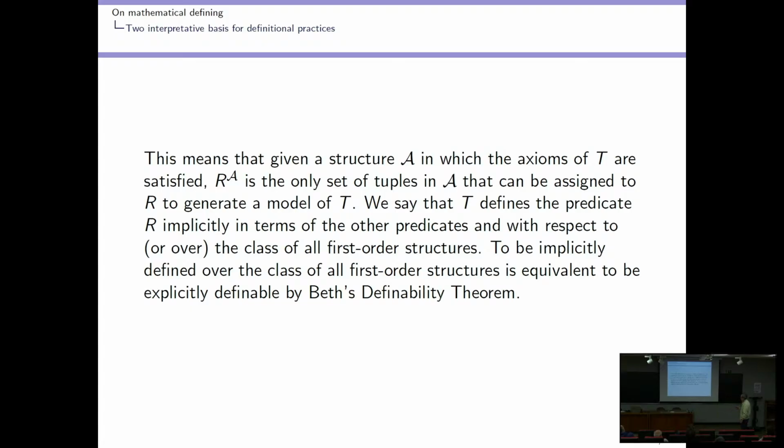The idea is that you cannot change this. We have the structure A. You cannot make any change on the interpretation of R, keeping the rest of the structure unchanged, and get another model of T. It is impossible to change just this part and still have a model of T.